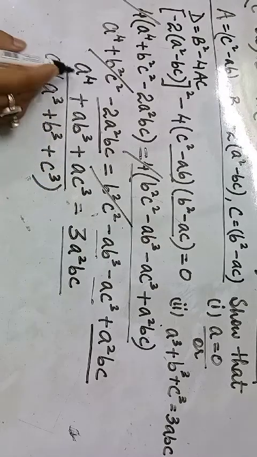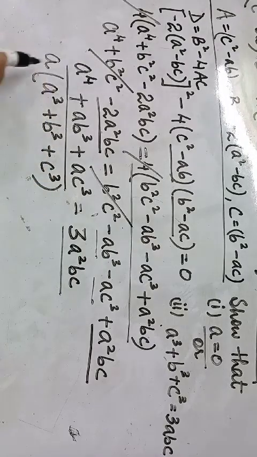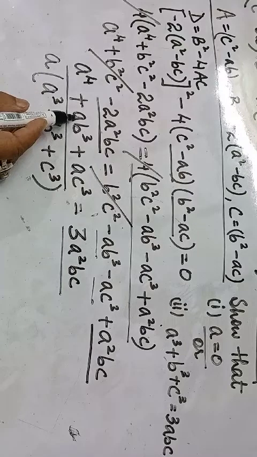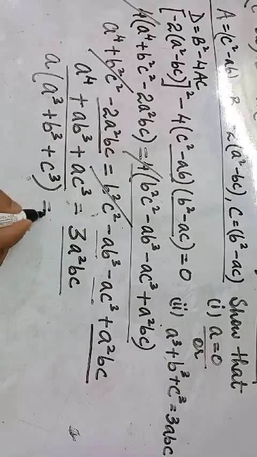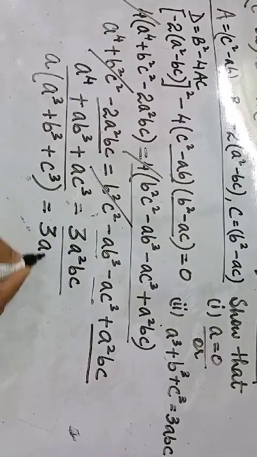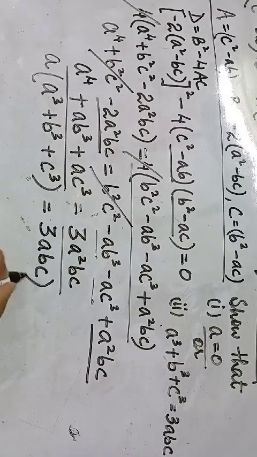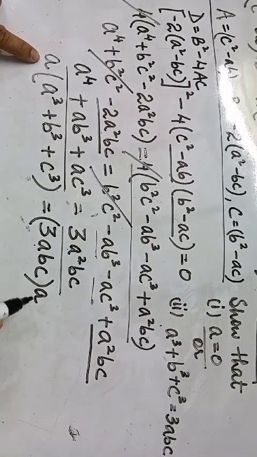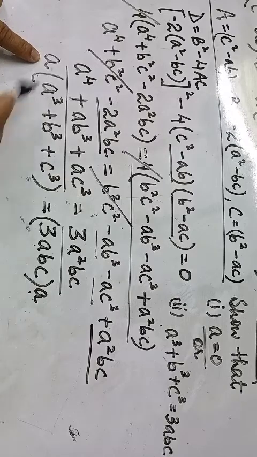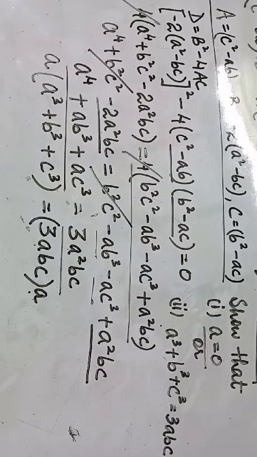Naturally this was a power 4, 1 comes out, a cube remains; from here a comes out, b cube remains; from here a comes out, c cube remains; equal to 3abc into a. A square I have split into a times a, so there is an a here also, so you can cancel it, but I will not prefer that you do that, because this is not a number, this is your variable.